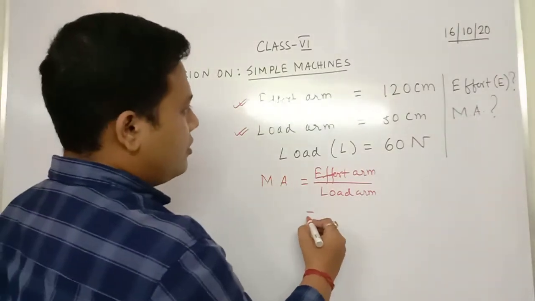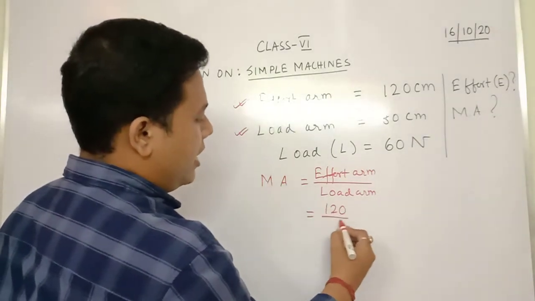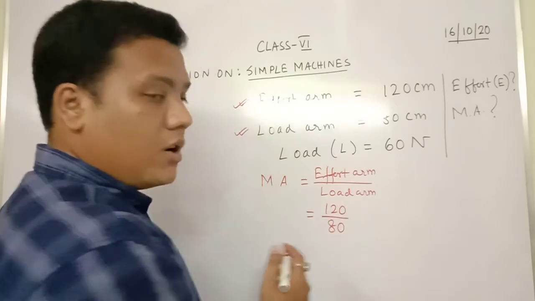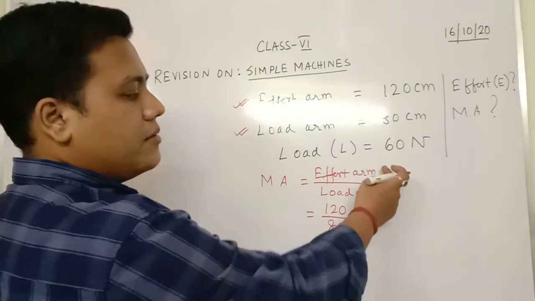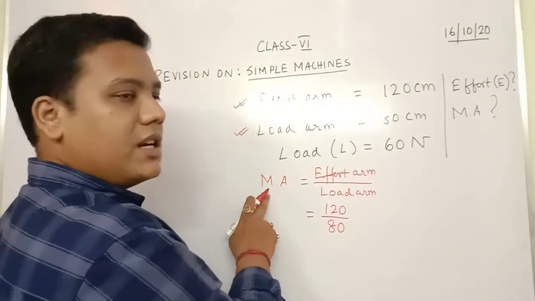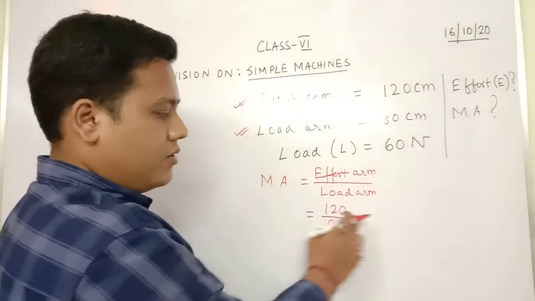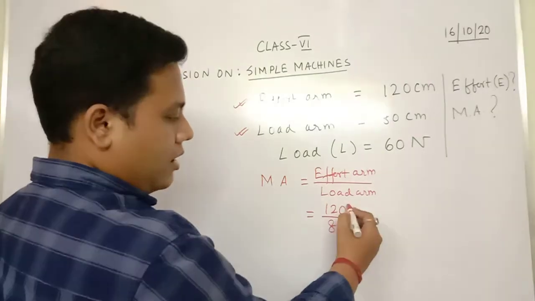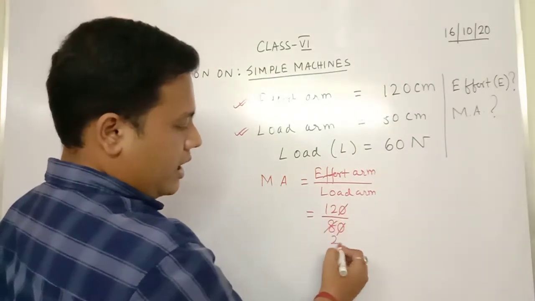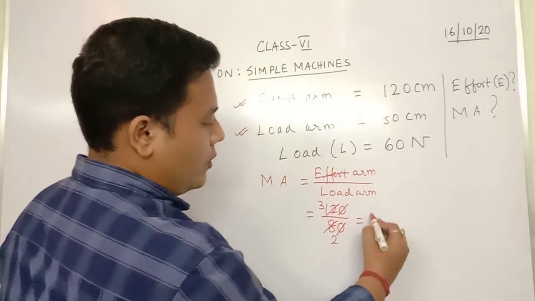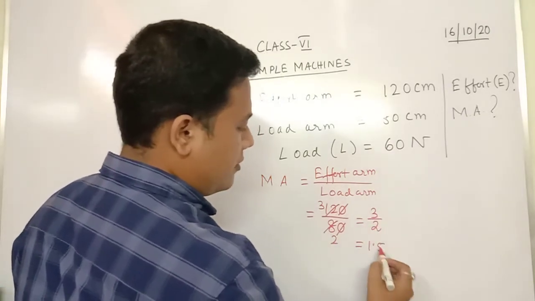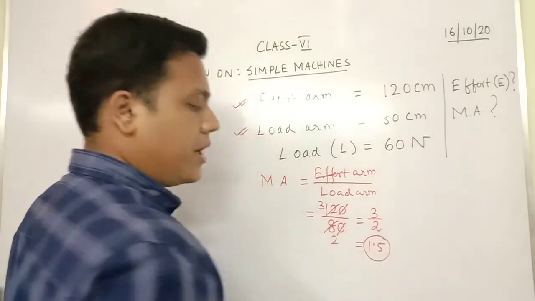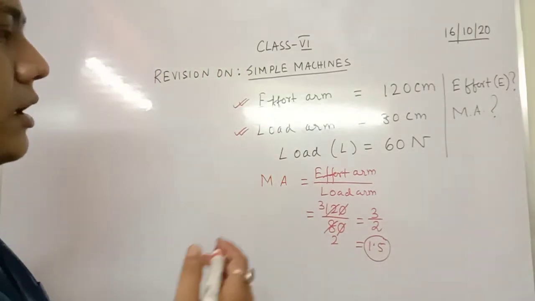Now you put the values, 120 by 80. We are not writing any units because, as I said in the beginning, it is a comparison between similar quantities, so mechanical advantage has no unit. So 4 2s are 8, 4 3s are 12, which is 3 by 2, means 1.5. This is your mechanical advantage of the lever.